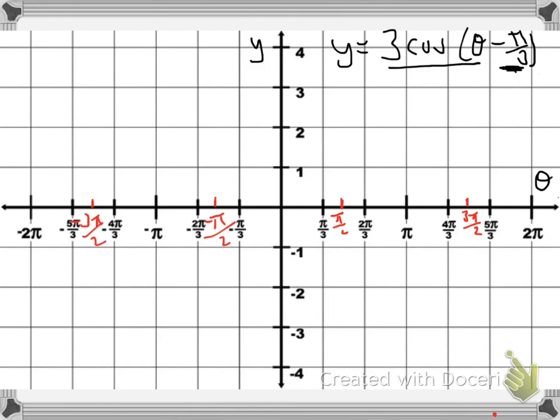So, time to draw the graph of 3 cos theta. Key points there, there, there, there, and over here. So let's link those up, and on the other side as well.